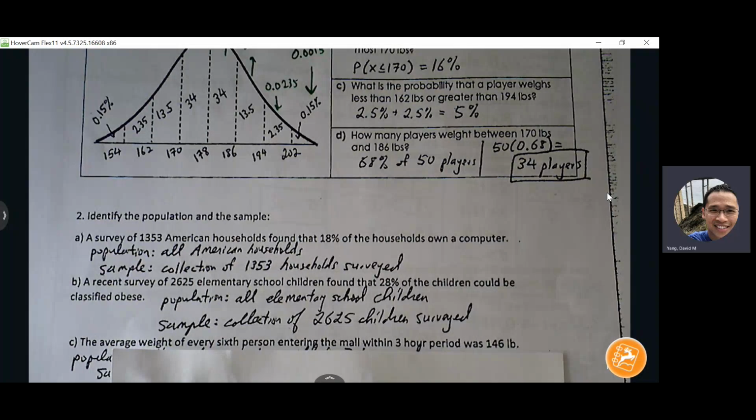Same idea, population, all the children; sample would be the children who are surveyed.